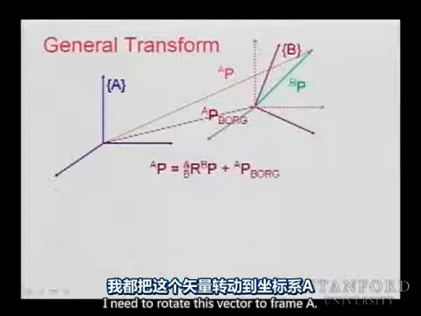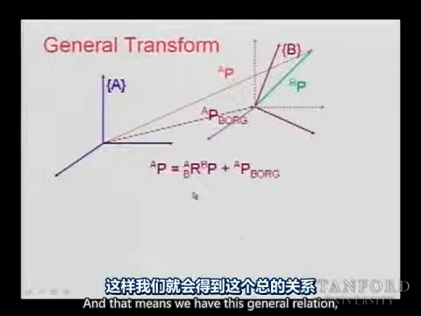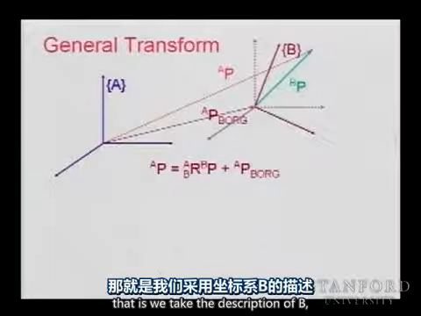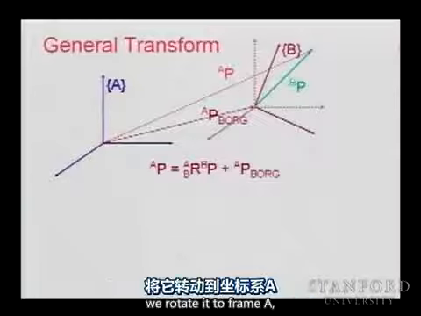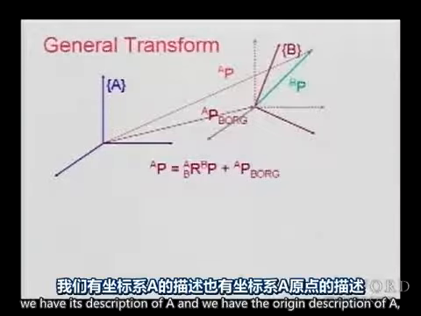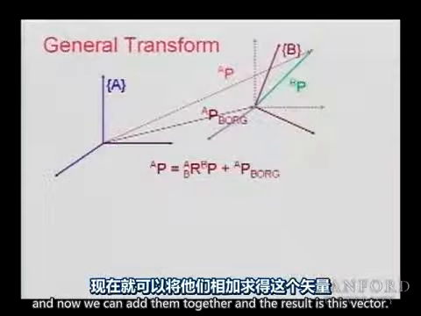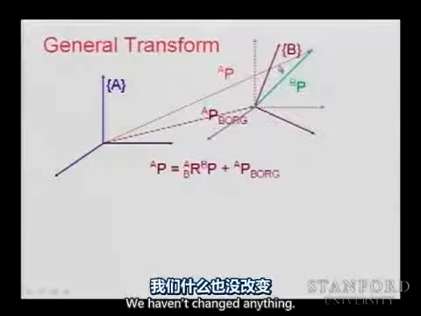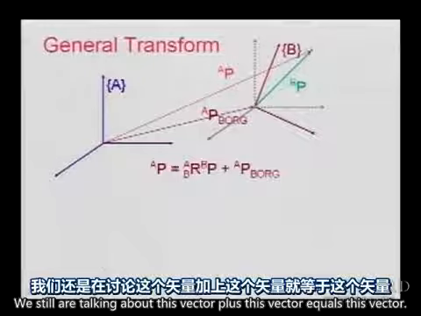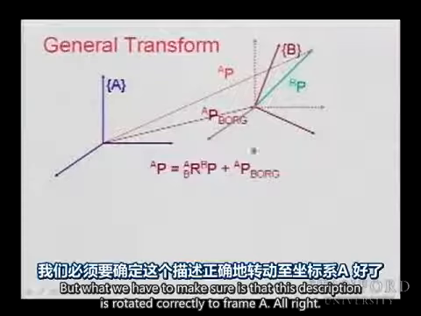I need to rotate this vector to frame A. And that means we have this general relation: we take the description of P, we rotate it to frame A, we have its description in A, and we have the origin description in A, and now we can add them together, and the result is this vector. We haven't changed anything. We still are talking about this vector plus this vector equals this vector. But what we have to make sure is that this description is rotated correctly to frame A.